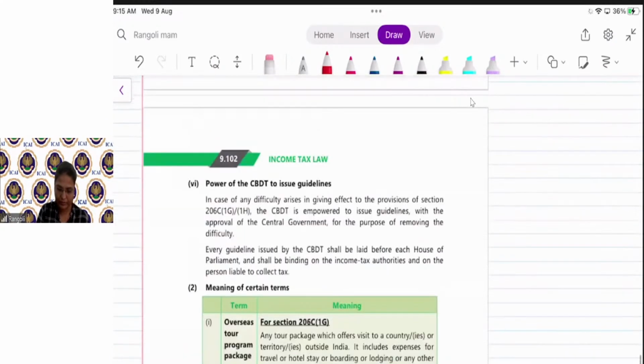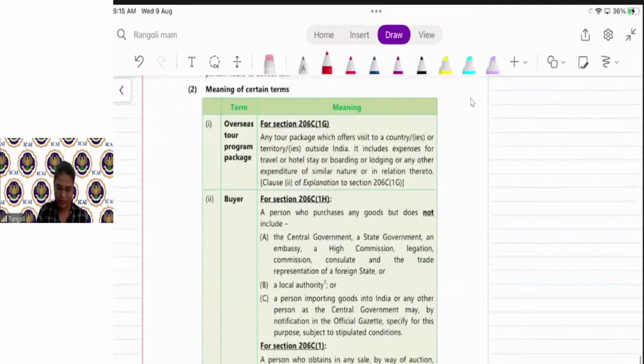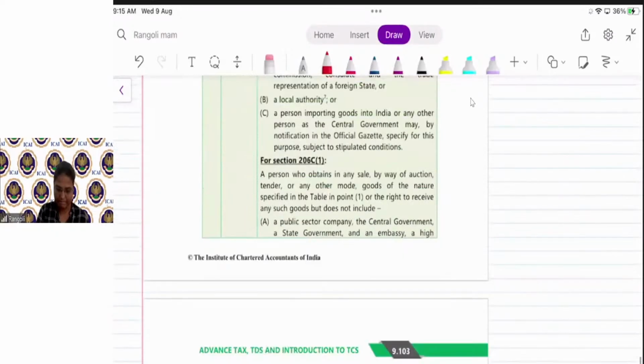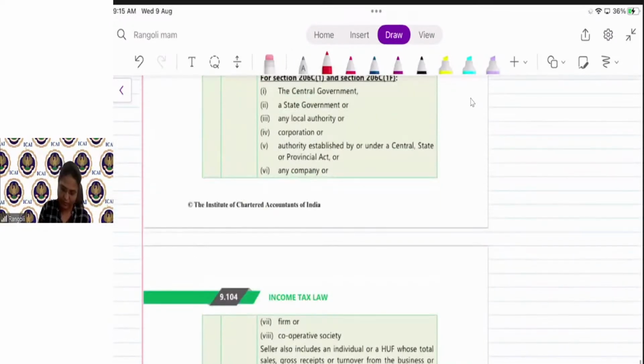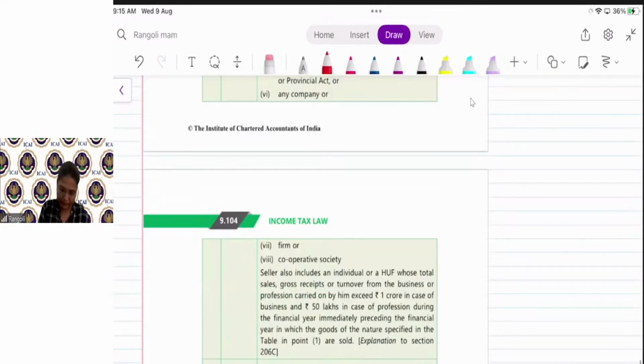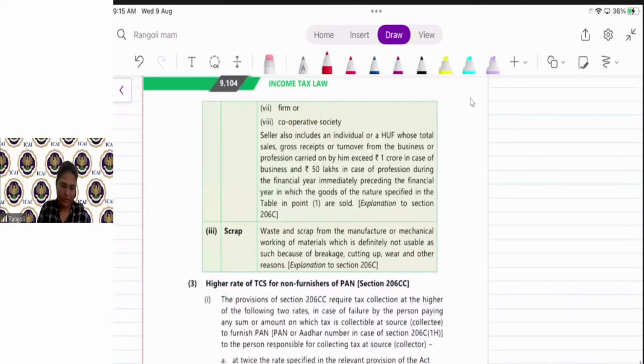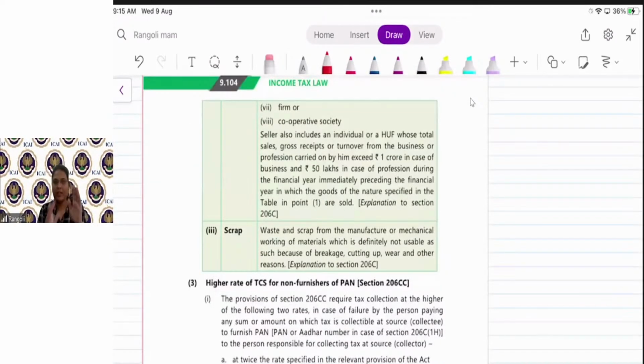Everyone, yes or no? Everyone remember that chart I have made for 194Q as well as 206C(1H)? Yes or no? Please reply fast.